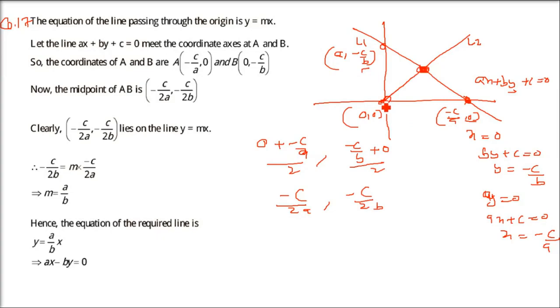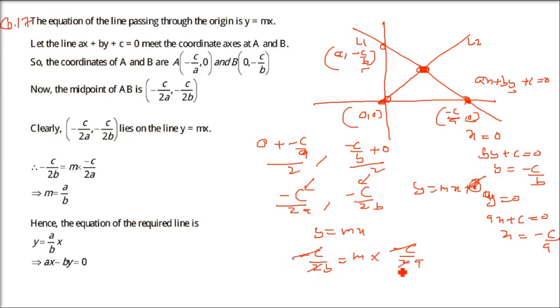Now the line is passing through the origin and through (minus c by 2a, minus c by 2b). y equals mx plus c, it is going through the origin, so c will be 0. So y equals mx, you just want to find m. So I am putting x as minus c by 2a and y as minus c by 2b.